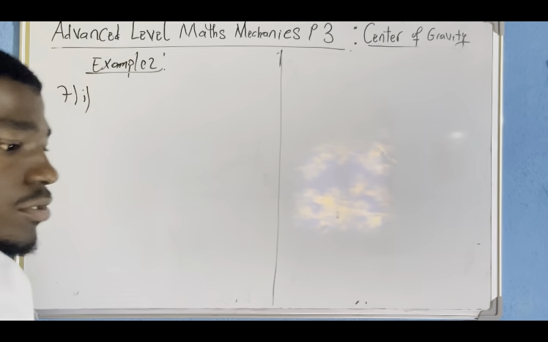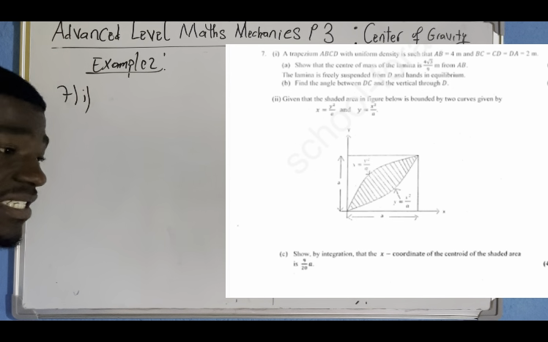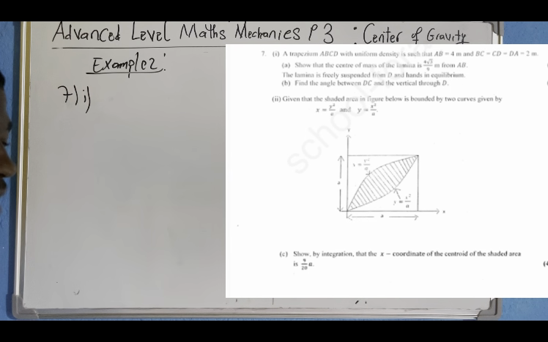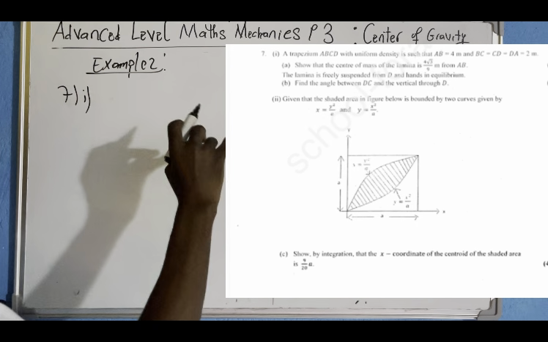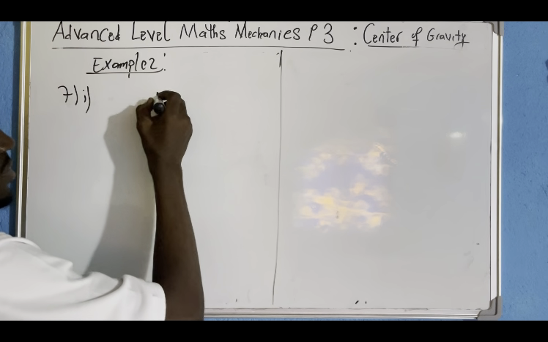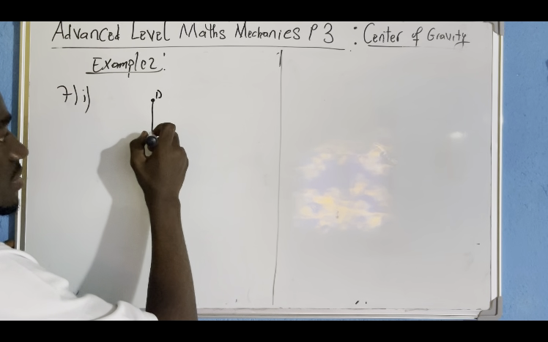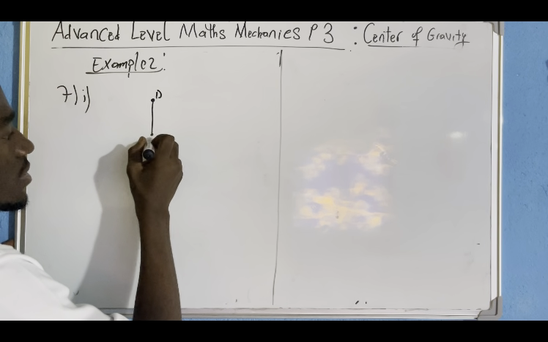Okay, student. The next question is asking us: the lamina is freely suspended from D and hangs in equilibrium. Find the angle between DC and the vertical through D. It means that the lamina is now fixed at one side, D. For it to be in equilibrium at D, the center of mass should be exactly below it.